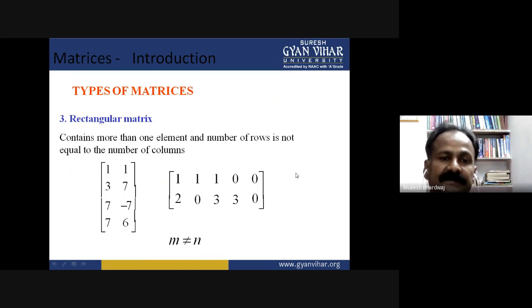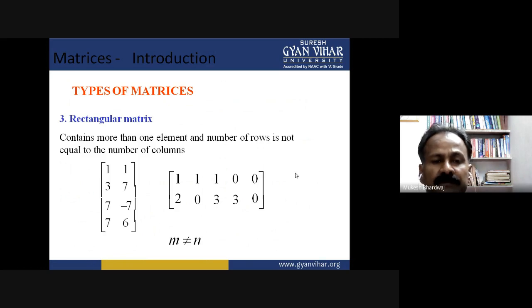A rectangular matrix contains more than one element and the number of rows is not equal to the number of columns. More broadly, a matrix in the form of a rectangle has a different number of columns and rows.